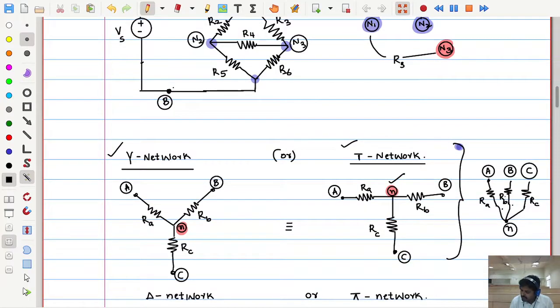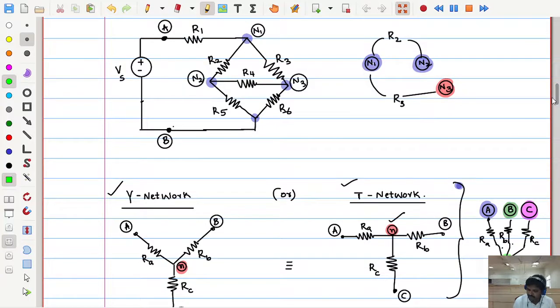So, three elements must be connected to three different nodes. What are they? A, maybe B, and one more maybe C. These are three different nodes. Try to observe. And what is common for all these three elements is the other side, which are joined together at some node n. Now can I see here R1, R2, R3. What is the common point for these three?